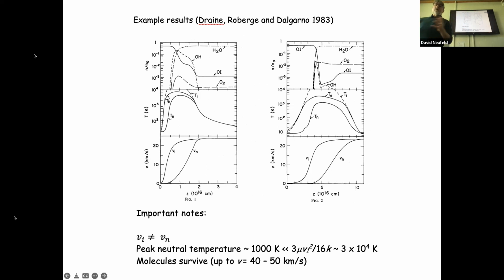And then as they go further and further, they slow down. And once the speed gets below maybe 40 kilometers per second, then these C-type shocks come into play, particularly if the gas is propagating in gas that's mainly molecular, that can cool rapidly because of molecular emissions.